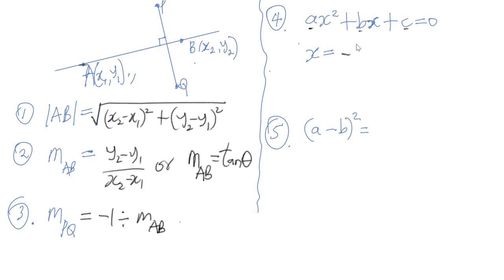We use the formula minus B plus or minus square root of B squared minus 4AC, all divided by 2A. So we substitute the values of A, B, and C into this formula to solve for x.